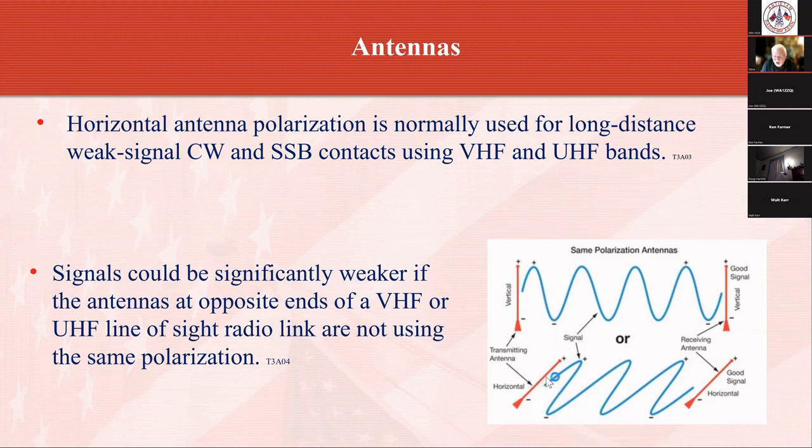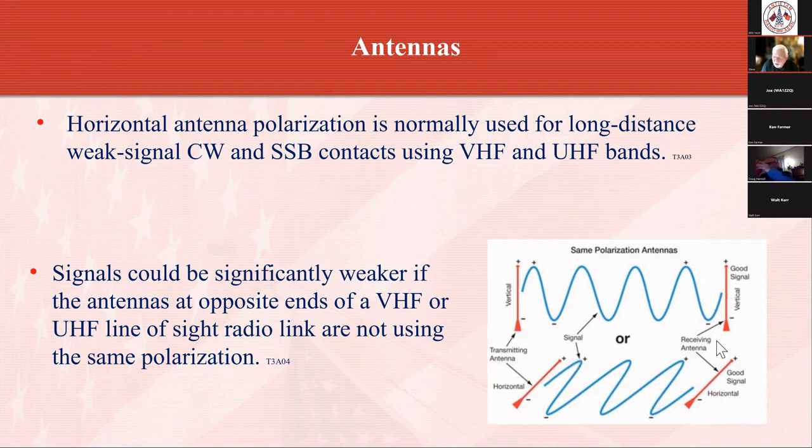And then horizontally, this is horizontal polarization, and the electric field would vary this way. Again, you see the electric field runs the same direction as the metal in the antenna. There is a physical reason for that, but I'm not going to muddy the water.